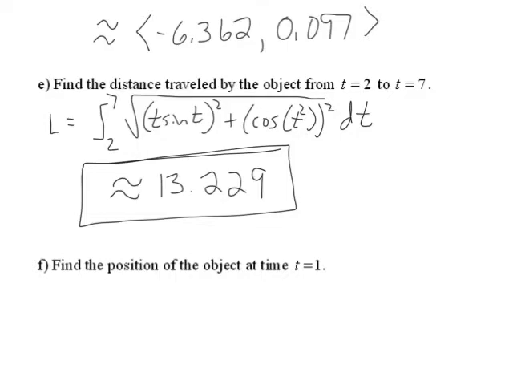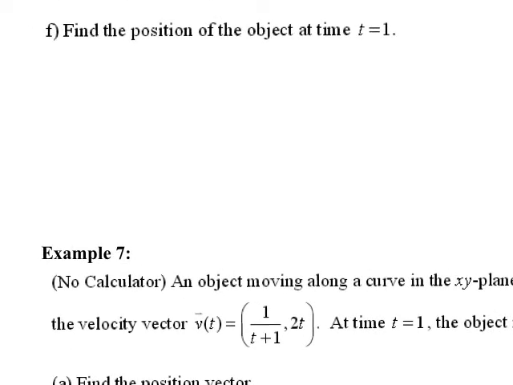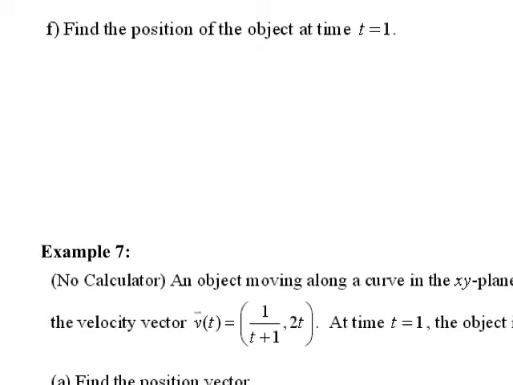Alright, and now my favorite part of the problem is find the position of the object at time 1. So we'll start with the x position. We can say that the position at time 1 is equal to the position where it started, and we are talking start point of time 2, plus the integral from 2 to 1 of x prime of t dt.